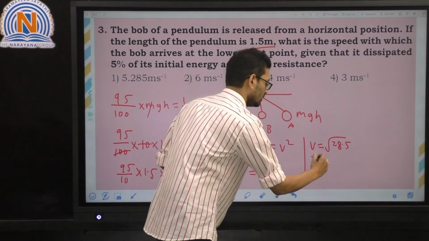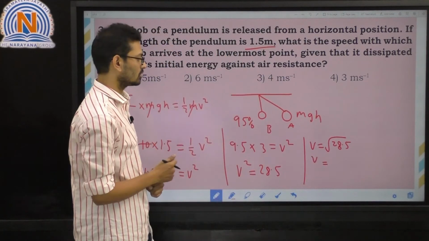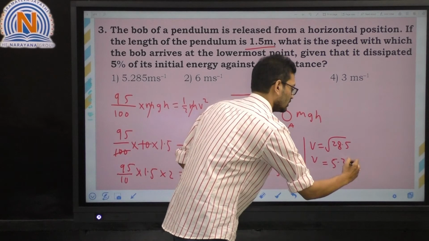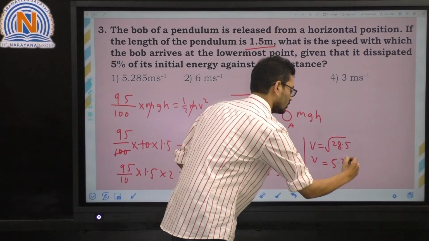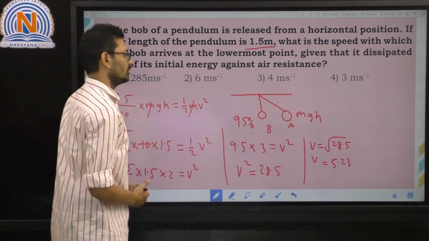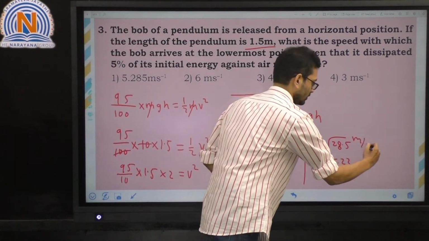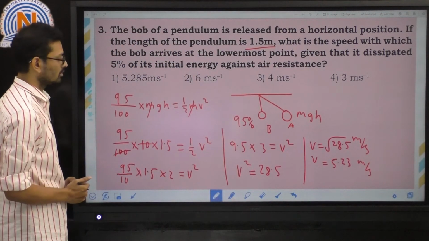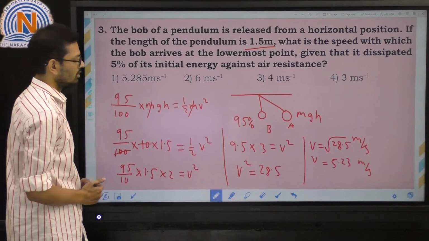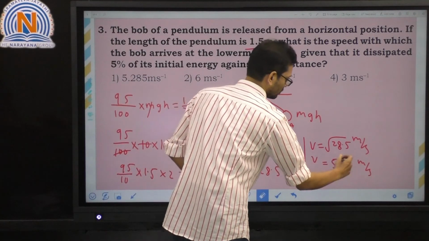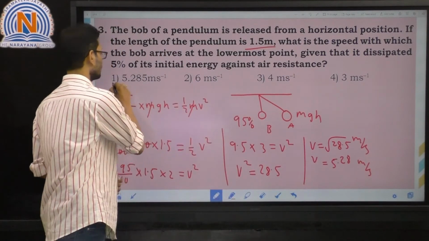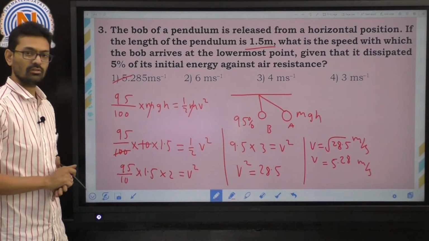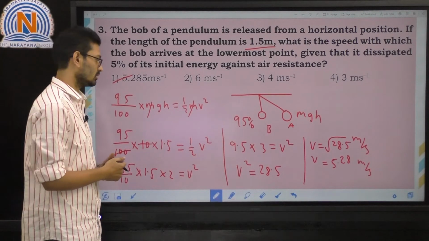So from here your v value is going to be equal to 5.323 and so on, meter per second. So your option is 5.28, sorry, 5.3, somewhere around that. So it is the first option. Hope this is helpful for you. Let us go for the next solution.